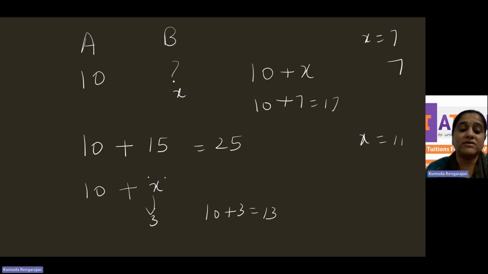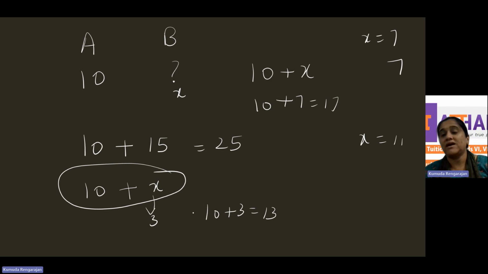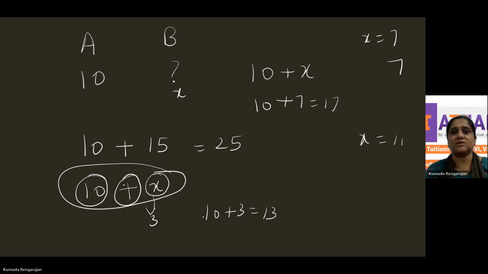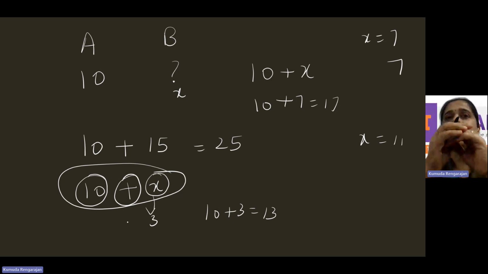And what is the other thing you understand? This one is an algebraic expression. Why is it an algebraic expression? Because see, it's made up of a constant 10, a variable x, and a mathematical operation addition. An algebraic expression is a combination of constants, variables, and mathematical operations.